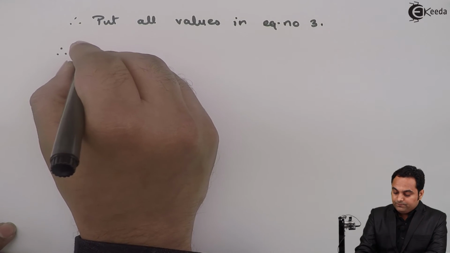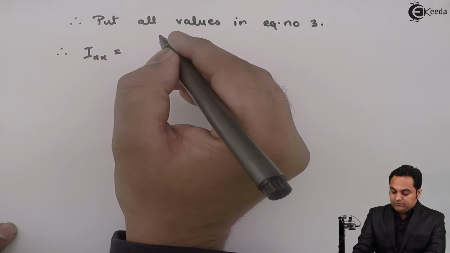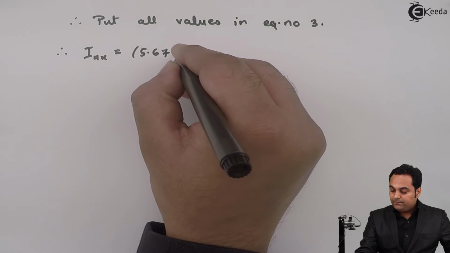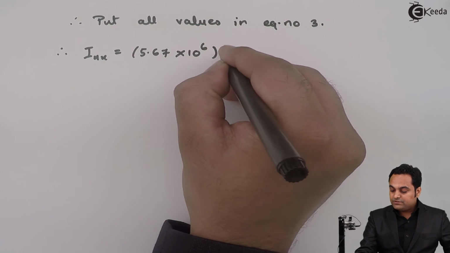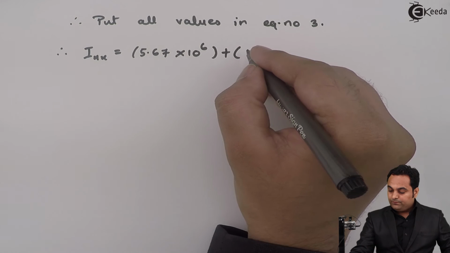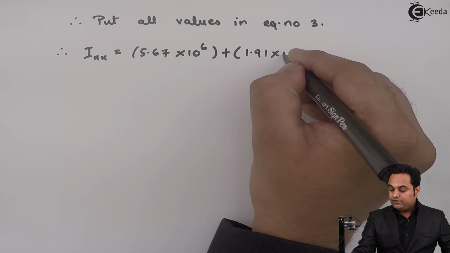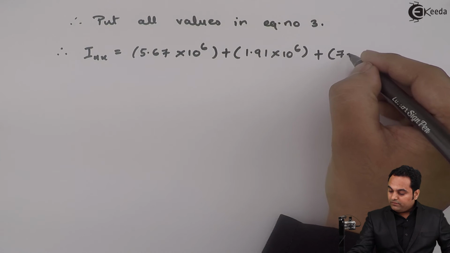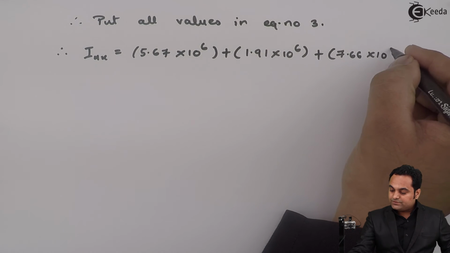Therefore Ix is equal to, Ix1 was 5.67 into 10 raised to 6, Ix2 1.91 into 10 raised to 6, Ix3 7.66 into 10 raised to 6.